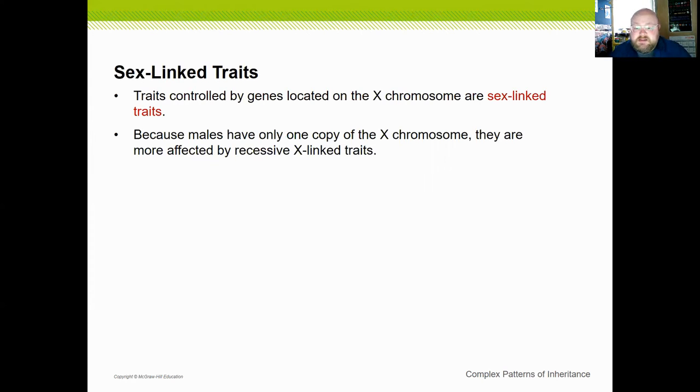Now, some traits are controlled by genes located on the X chromosome, and those are sex-linked traits. Because males have only one copy of the X chromosome, they are more affected by recessive X-linked traits.